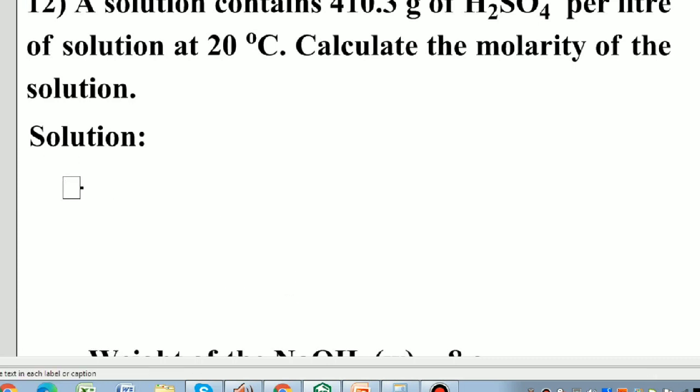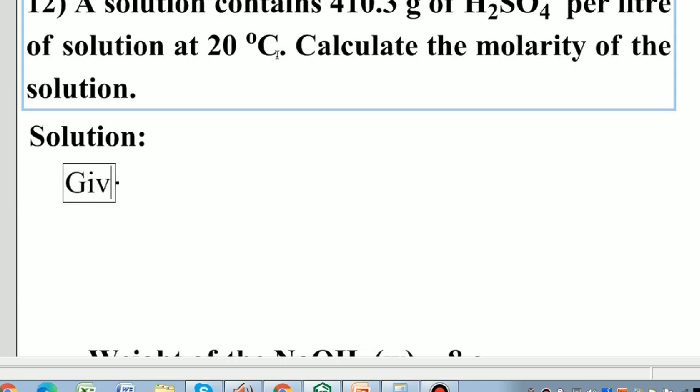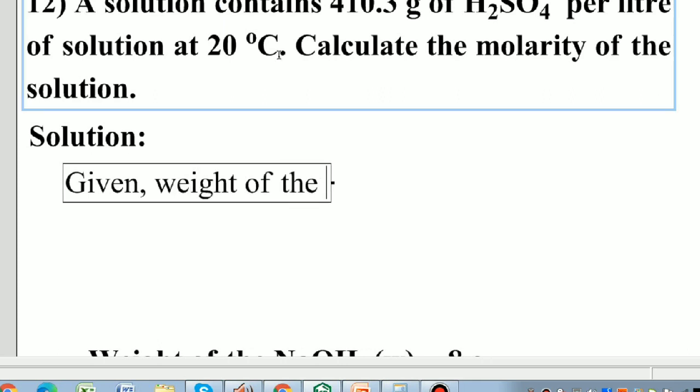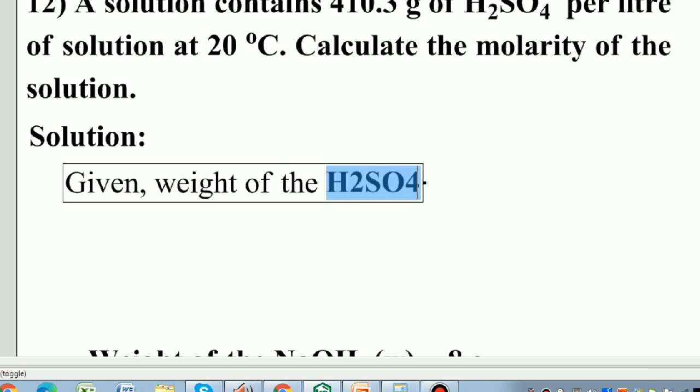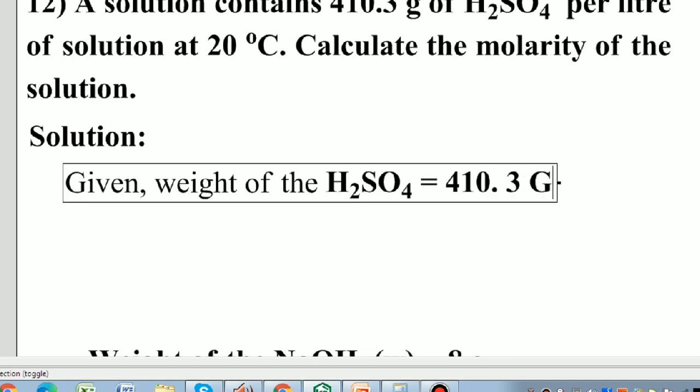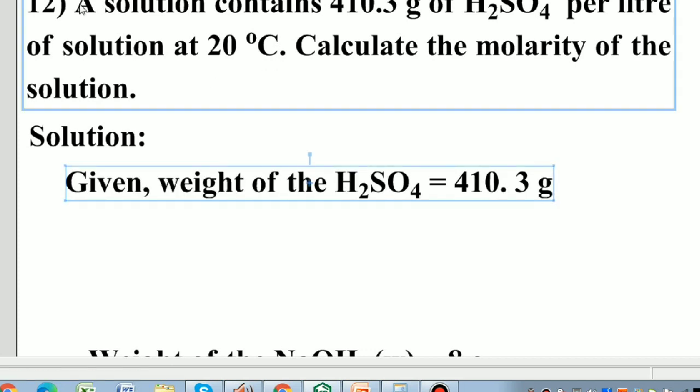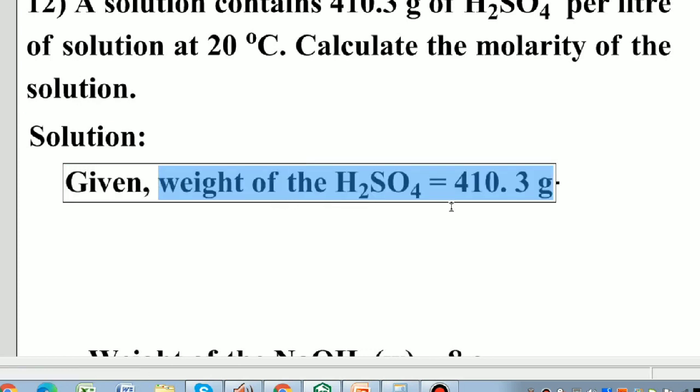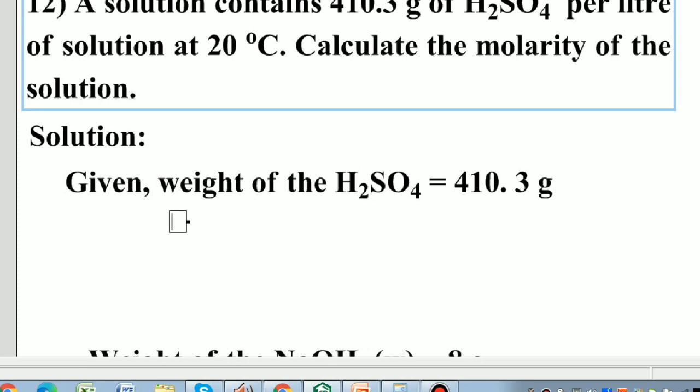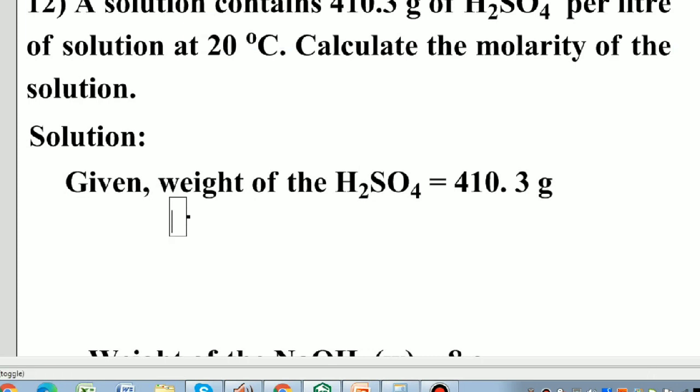Given weight of the solute H2SO4 is equal to 410.3 grams, and the volume of the solution is given as 1 liter.